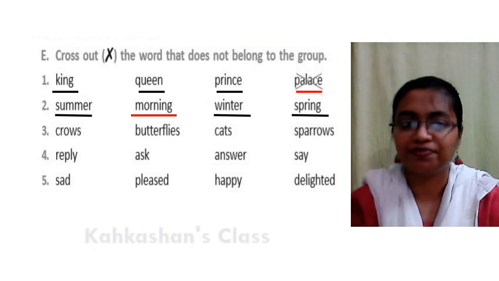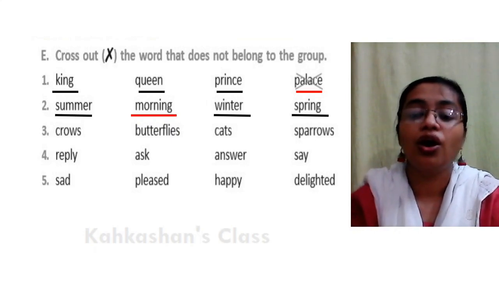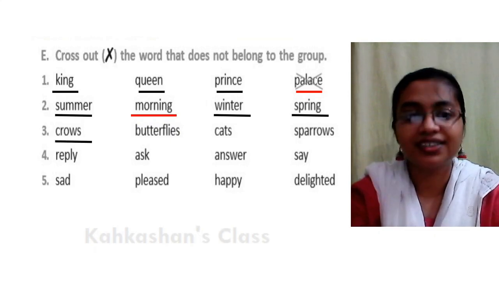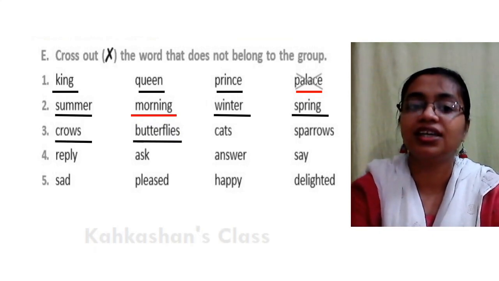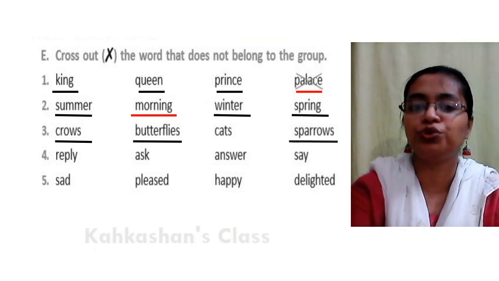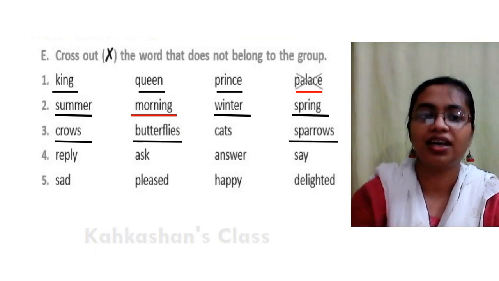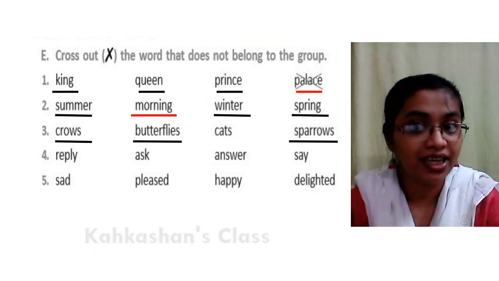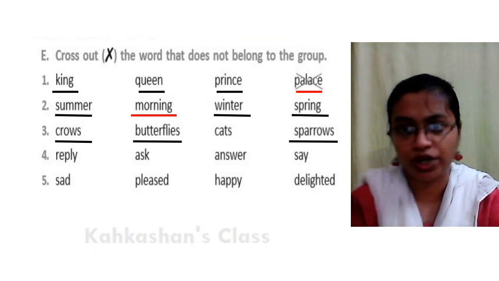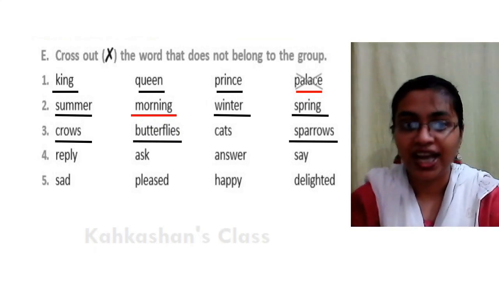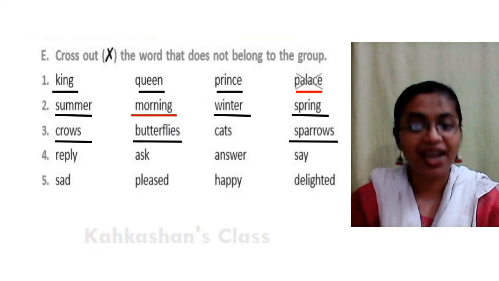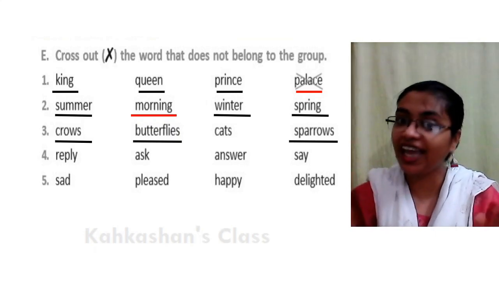The third one. Crows, butterflies, cats, sparrows. So tell me, what do you think? Should I underline cats also? No. Crows can fly. Butterflies can fly.